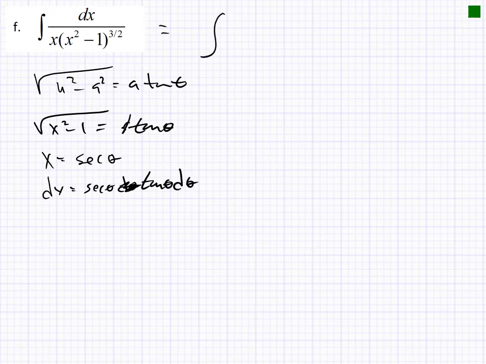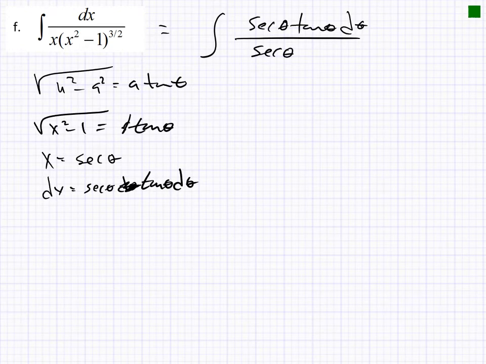So this integral becomes secant theta tan theta d theta over secant theta times tan theta cubed. Cubed because this is to the 3/2 power, so the square root is tan, and then you still have the third power.